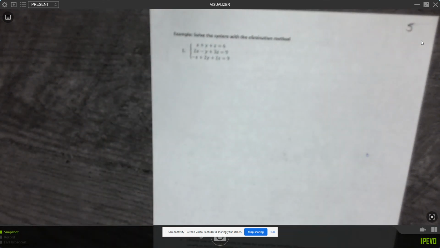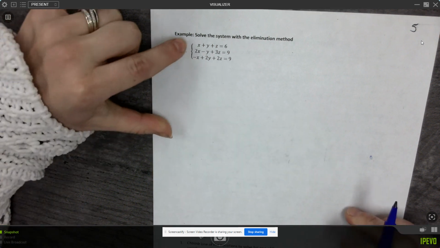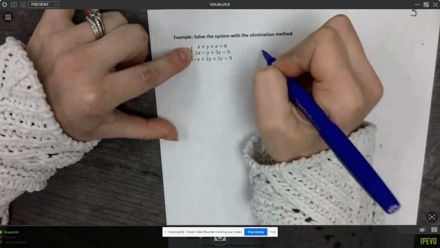Your goal is to eliminate one of the 3 variables the first time you eliminate. So you start by picking 2 equations. I'm going to use the top 2.